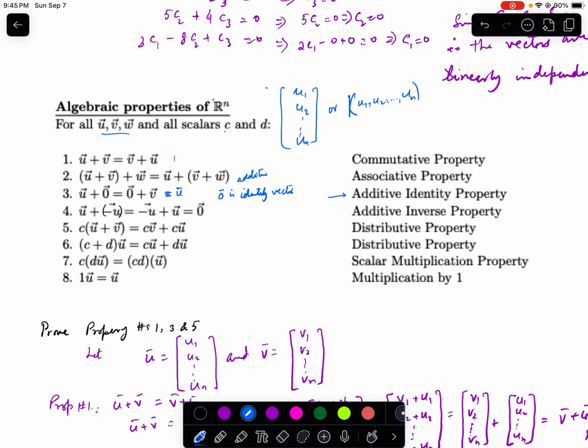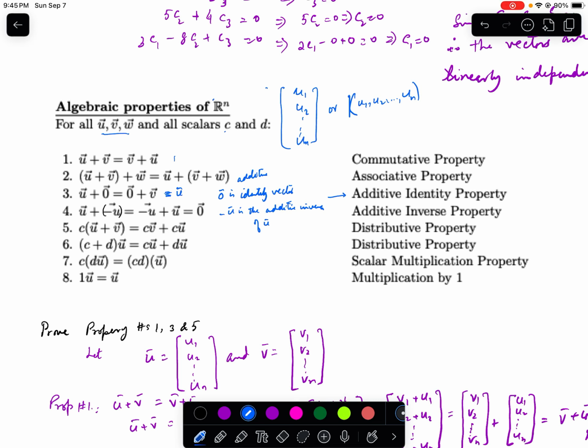The negative u is called the additive inverse of the u vector. What will be the additive inverse of v? Negative v. The additive inverse of a vector a will be the vector negative a, and so on.